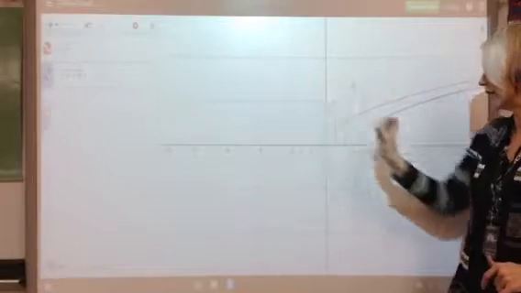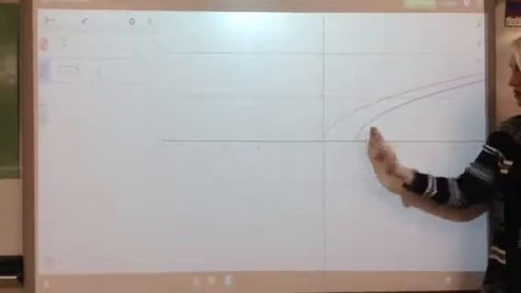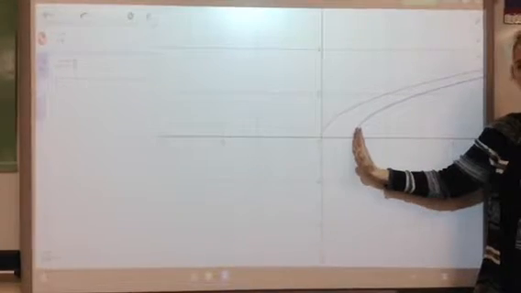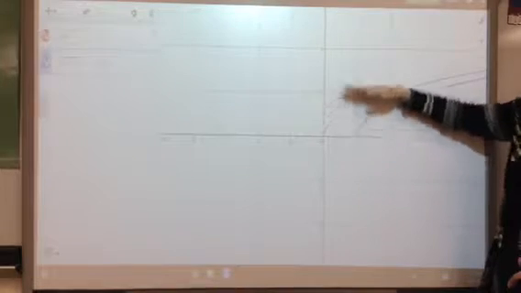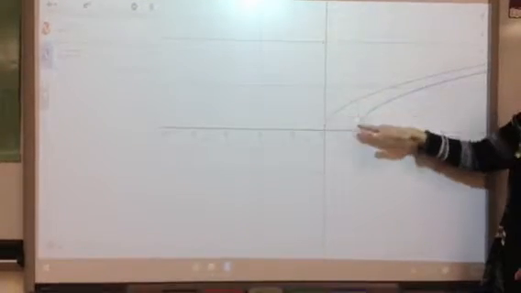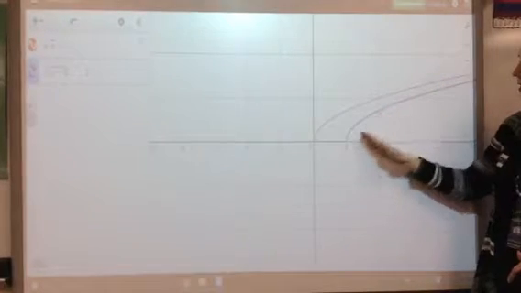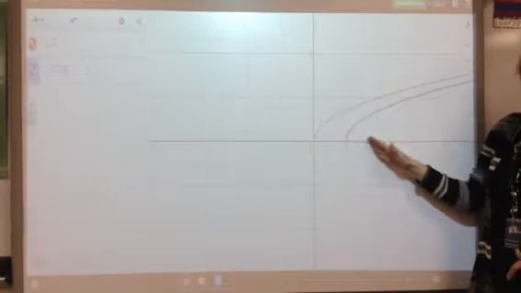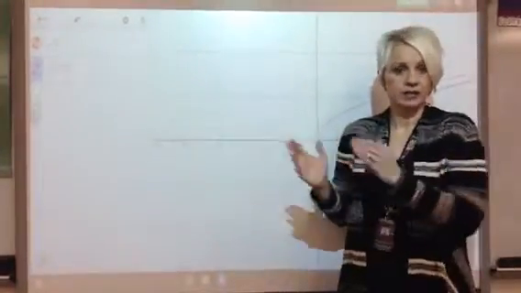The positive would make it move left. And if you'll notice now, my x values, my domain values, have changed. It's going to be all values that are greater than or equal to 2, but it has not changed my range. My y values are still going to be greater than 0. The curve is the same curve, but it's just moved to the right 2. So you try the example of a translation in your notes.